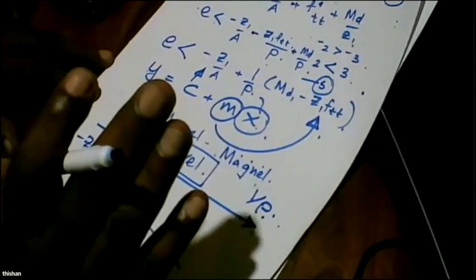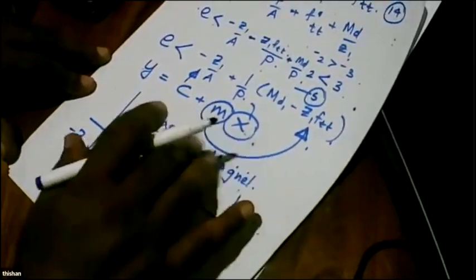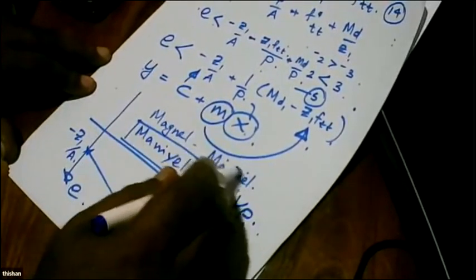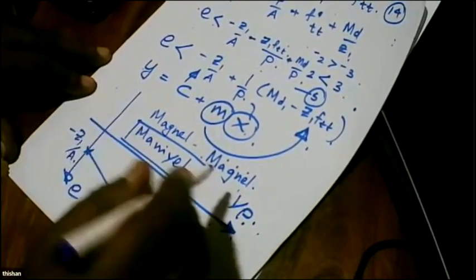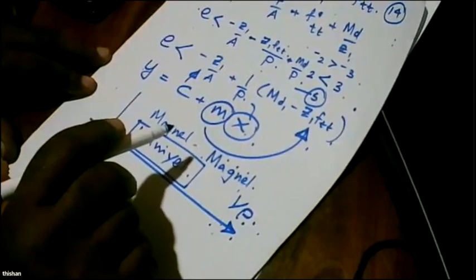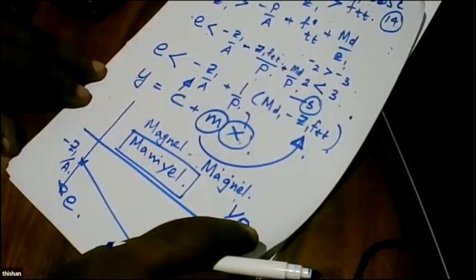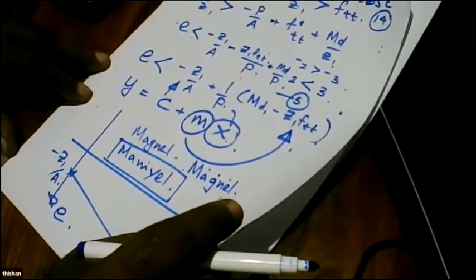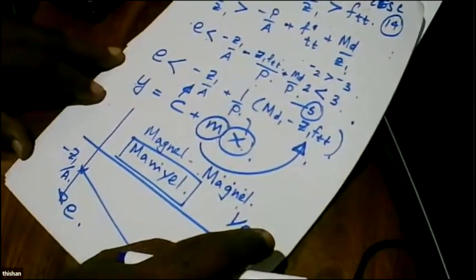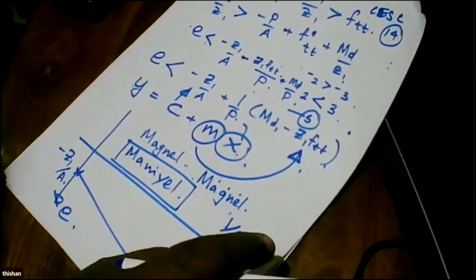Everybody in the Belgian language also writes it that way, but they used to add additional symbols to indicate how you pronounce it. But in English we don't have it, so all over the world this diagram is now considered the Magnel diagram.